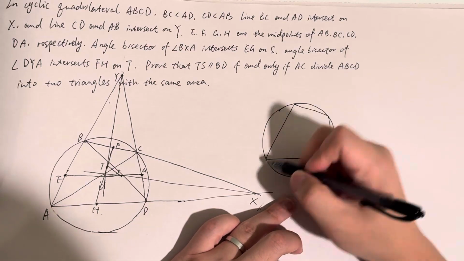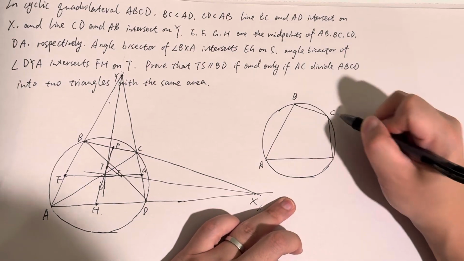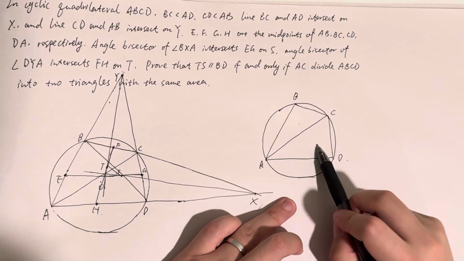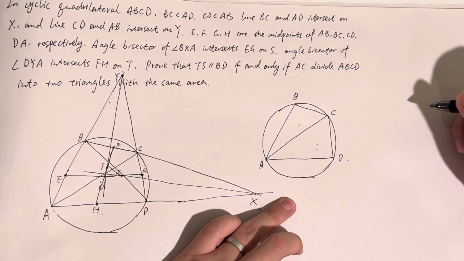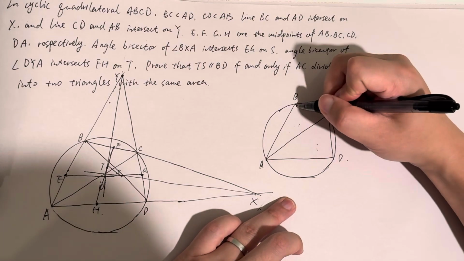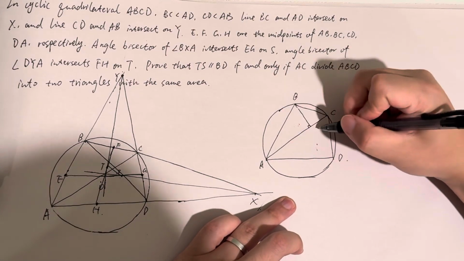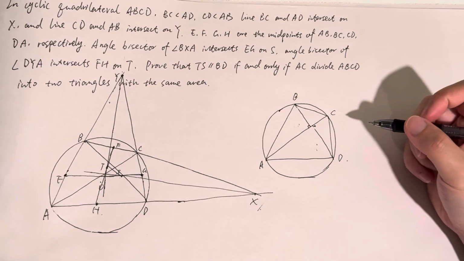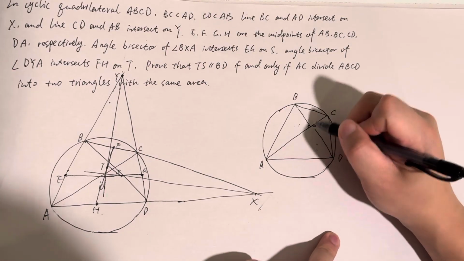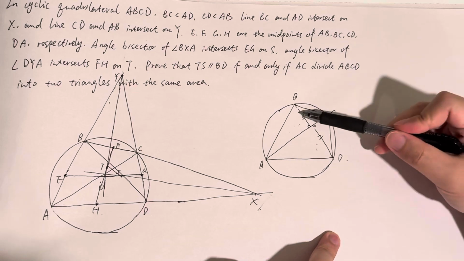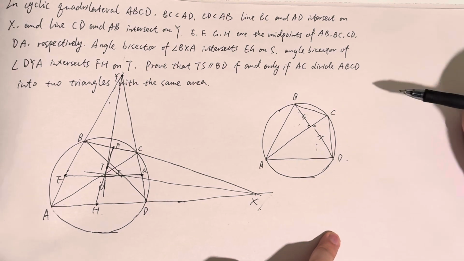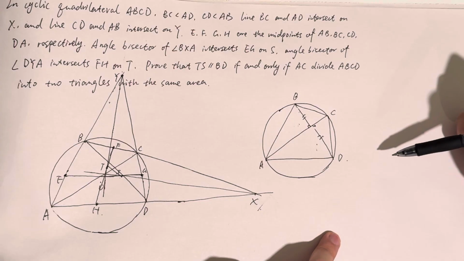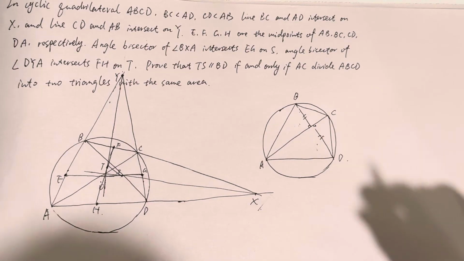We have A, B, C, D here. If these two areas are equal, that means these two altitudes must be equal because AC is a common edge.